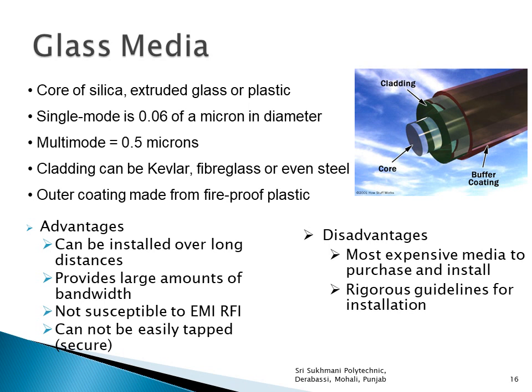The advantages are they can be installed over longer distances and provide a large amount of bandwidth. They are not susceptible to noise or interference. They are highly secure and cannot be tapped. But at the same time, there are certain disadvantages. They are expensive, and the installation procedure is rather tedious and difficult.